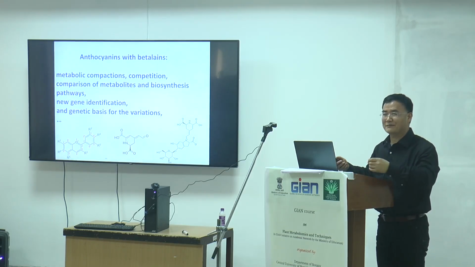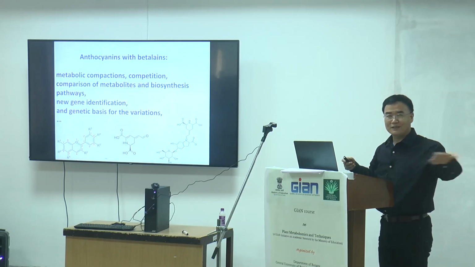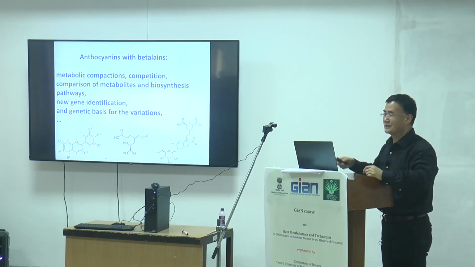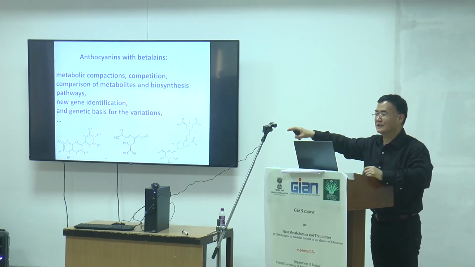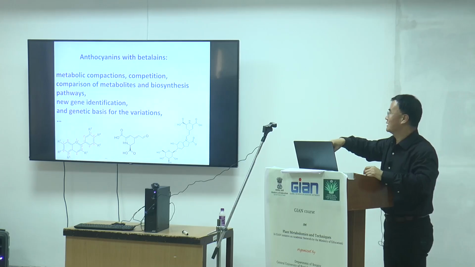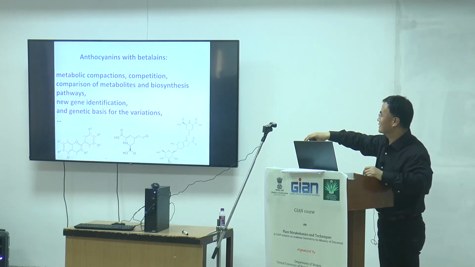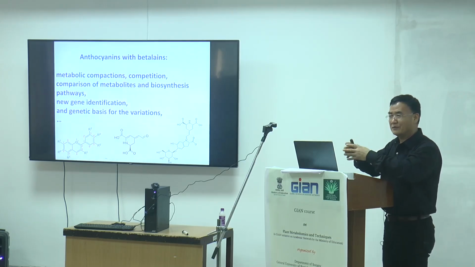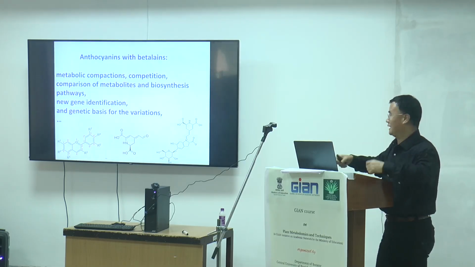This is very interesting. Why? Because, as I mentioned before, in nature, in the plant kingdom, no plant has both theanine and vitamins, mainly because the metabolic pathways are competitive. Okay, there is also a balance of metabolites.